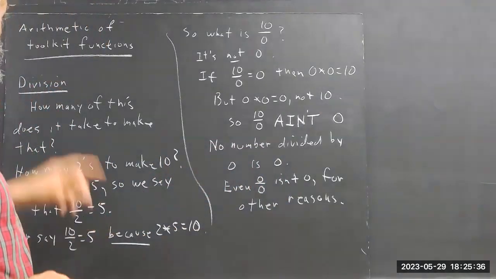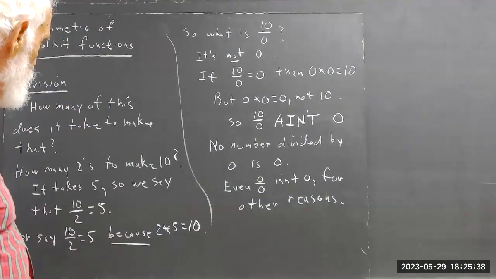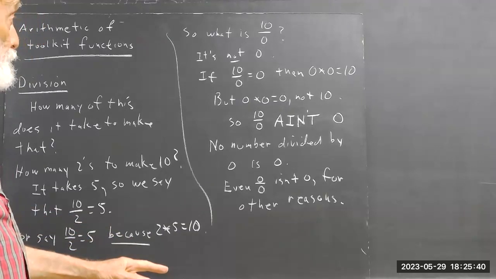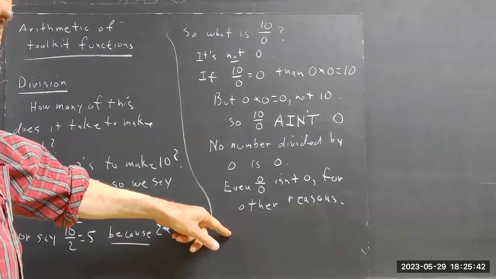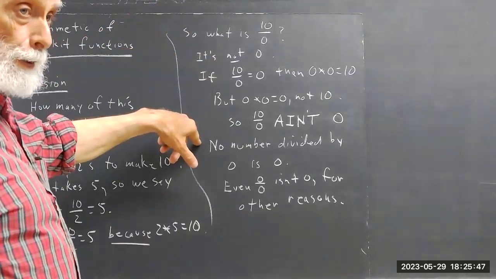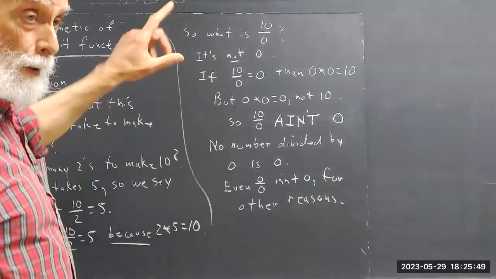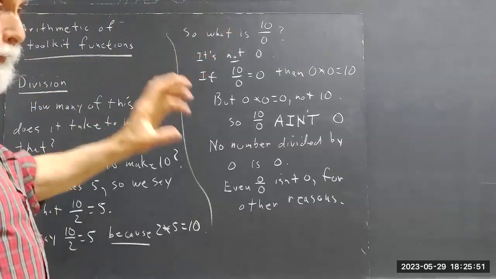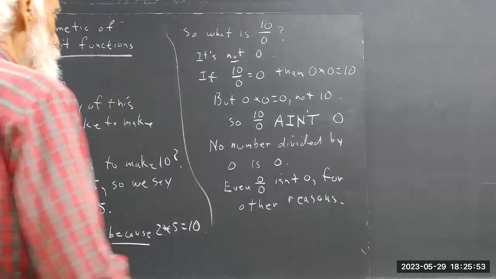Okay, so there's division. This is what division means. And this is at least a pretty complete explanation, except for the 0 over 0 thing, of why no number divided by 0 is 0.